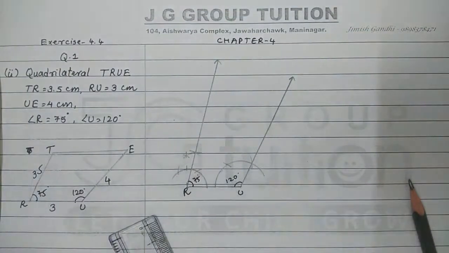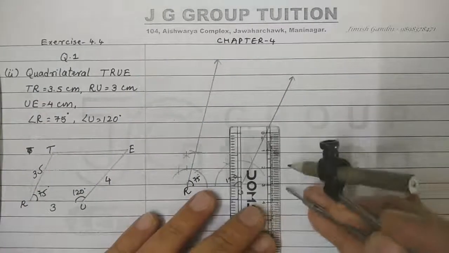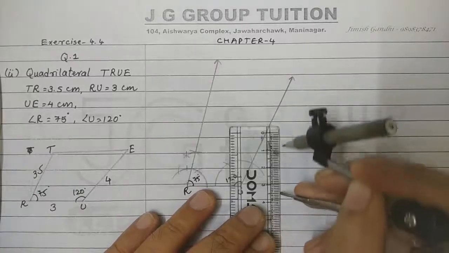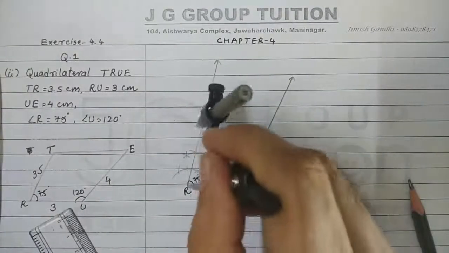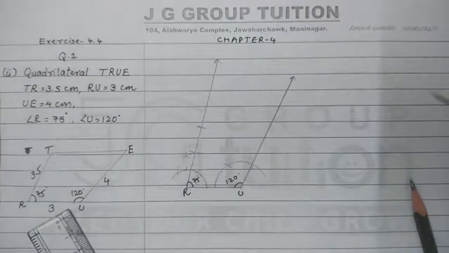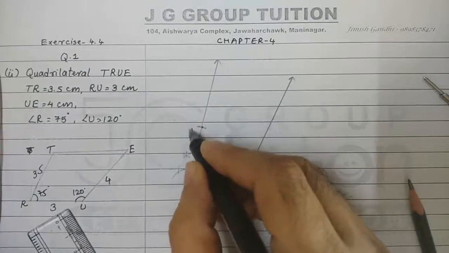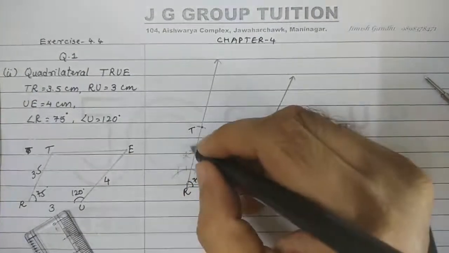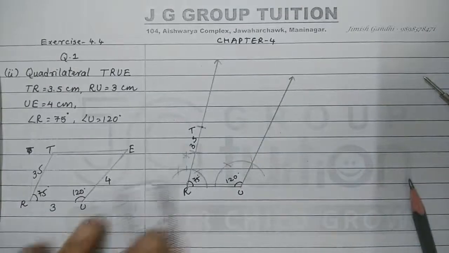Now the rest of the 2 points can be obtained as the lengths are given. As RT is given as 3.5, we should draw an arc of 3.5 radius from point R, which intersects here, and that is point T. This is 3.5 centimeter, and UE is of 4 centimeter.